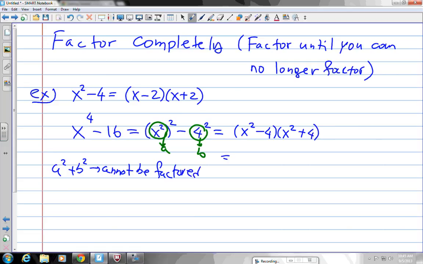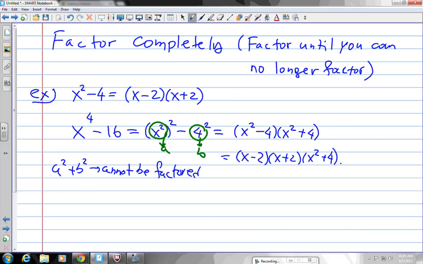So the answer here is x minus 2, x plus 2, and x squared plus 4. This is as far as we can get. Is that okay? So that's what we mean by factor completely. And you'll see a few questions like this on the worksheet.